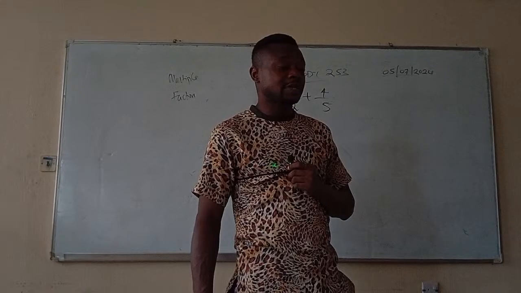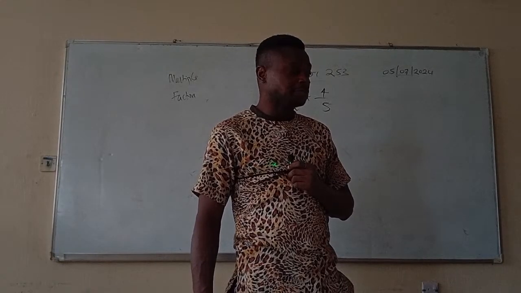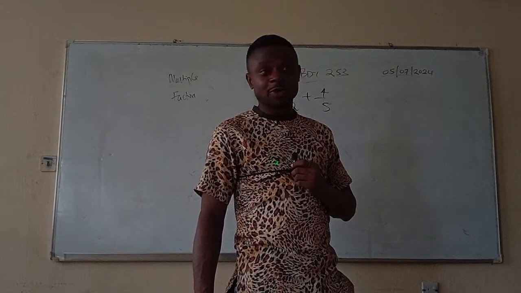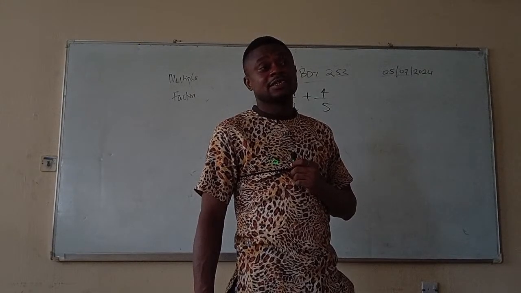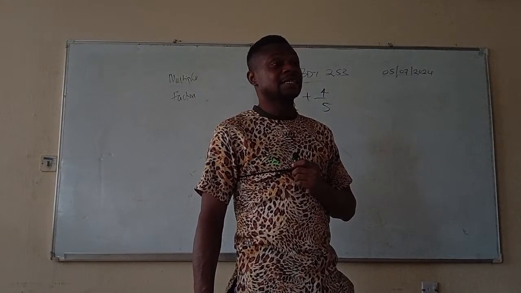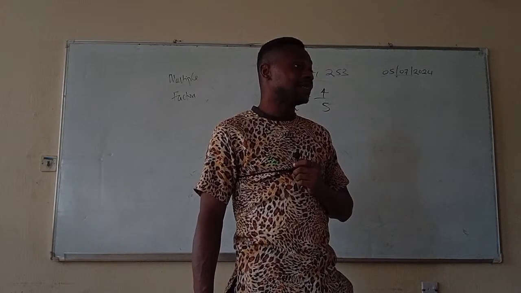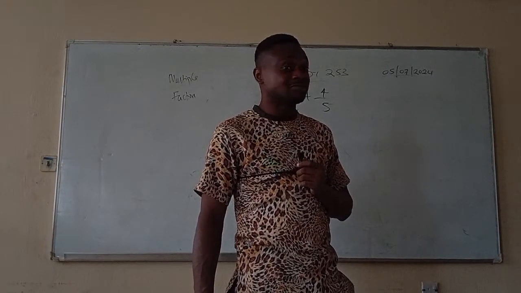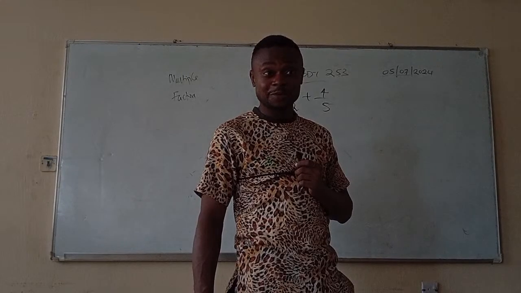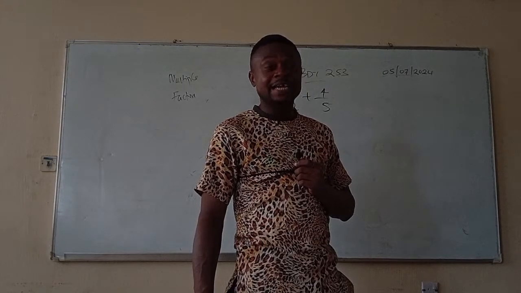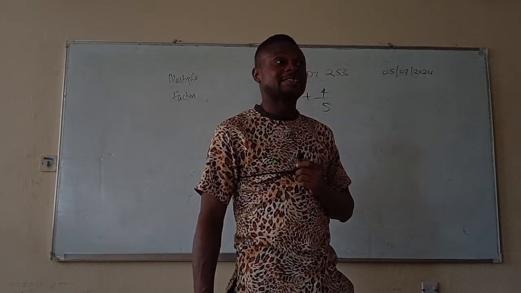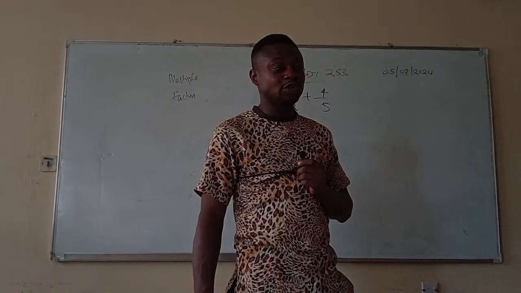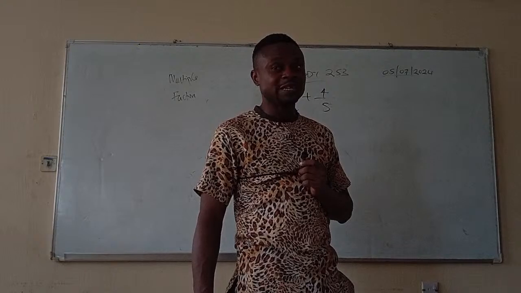Yes, correct. She's correct. Multiple of a number is a number that can be divided by that number. Simple. Let me put it in a way that you understand, so you don't mix numbers.